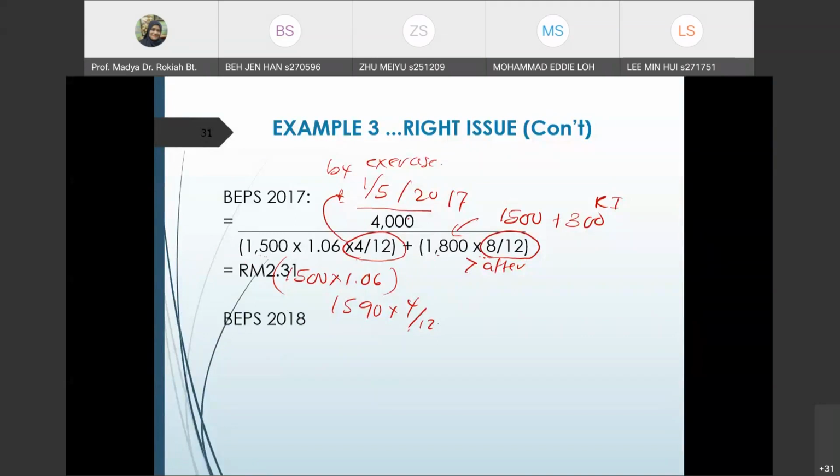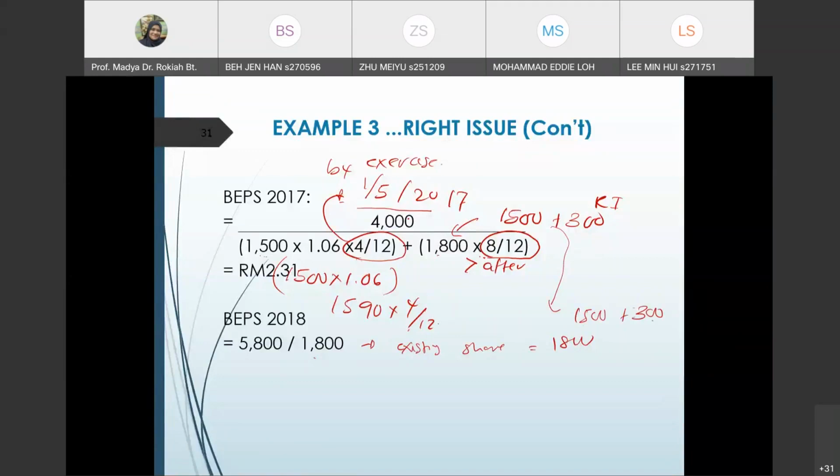When you come to the year 2018, the profit is 5,800 times 1 divided by 1,800. The 1,800 is now the existing shares: 1,500 plus another 300 after 1st of May 2017.